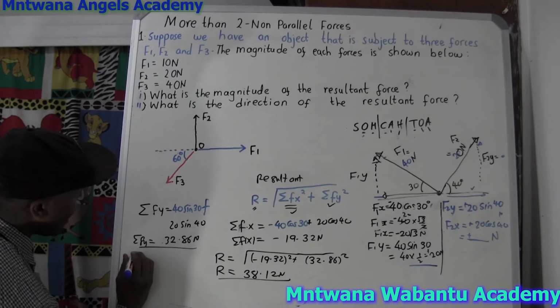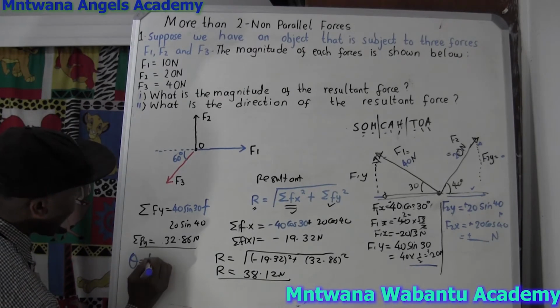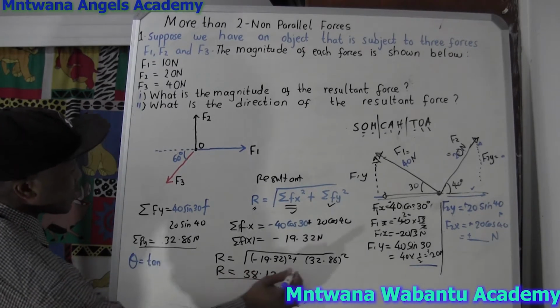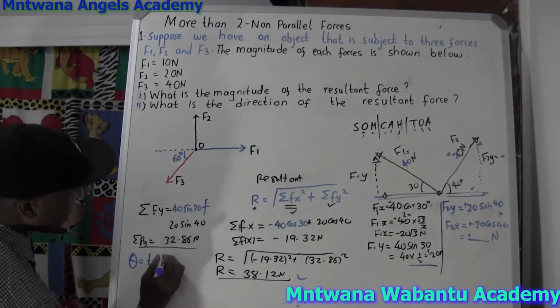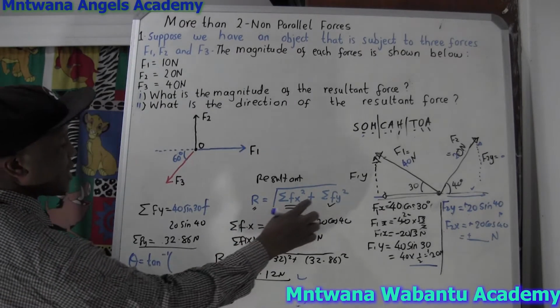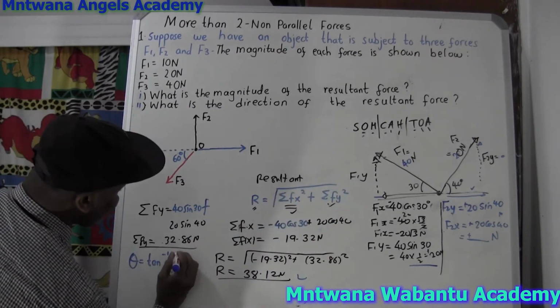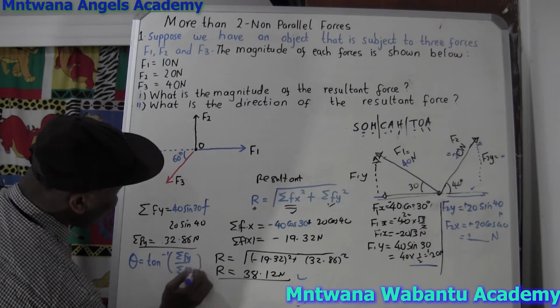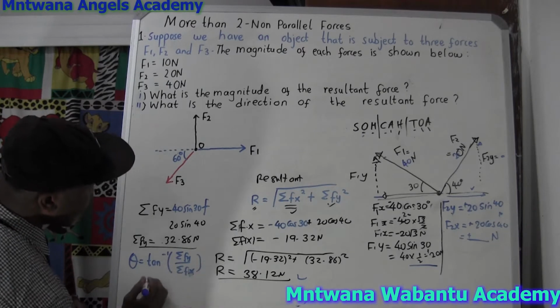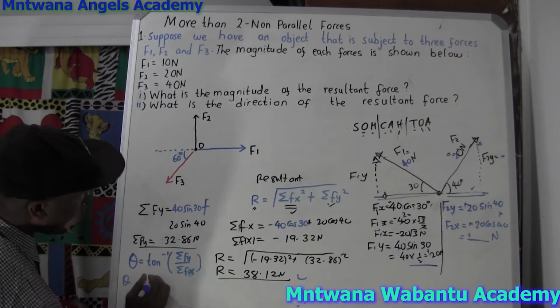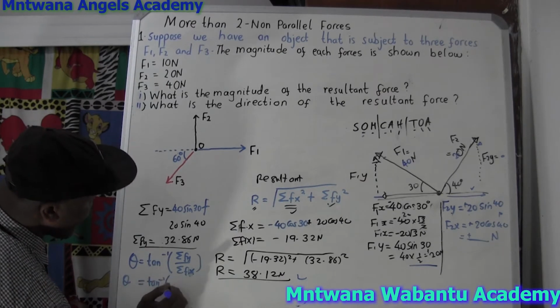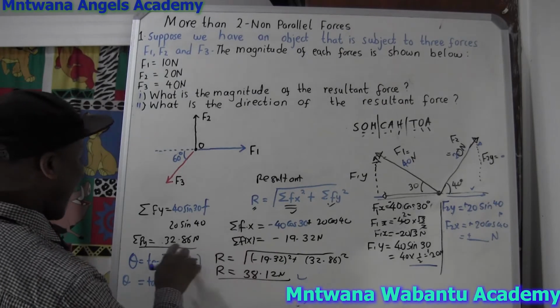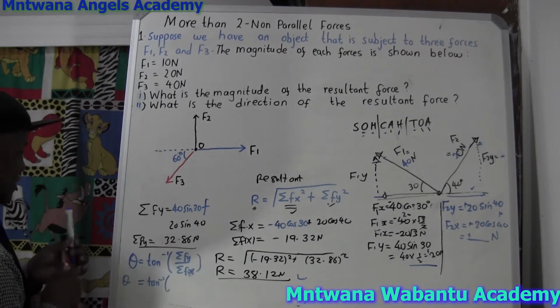Direction of the resultant. You say angle equal to tan inverse. So this one is the resultant. So direction, you say angle tan inverse of this sum of fy over sum of f of x, which I have already, man. You know what I'm saying? So I'm going to say, my direction equal to tan inverse. What is sum of fy? Sum of fy we have, which is 32.86.